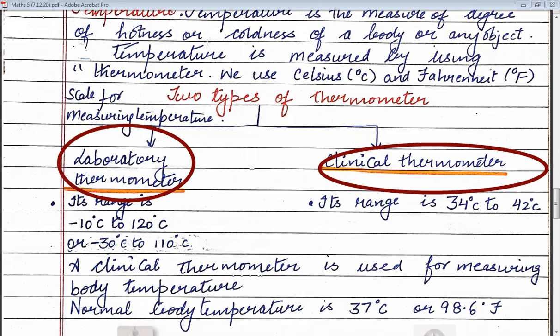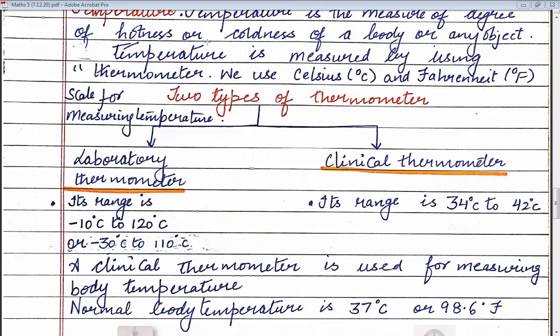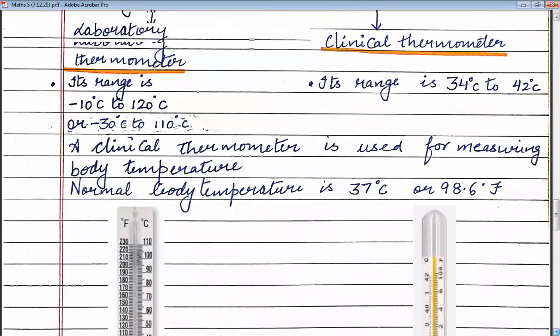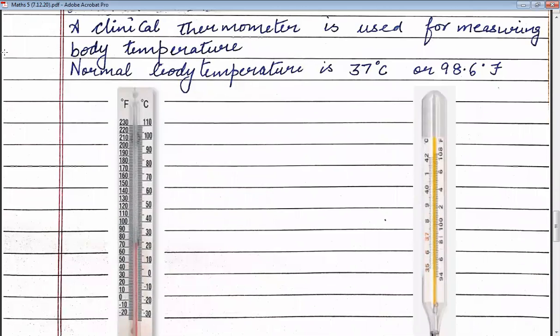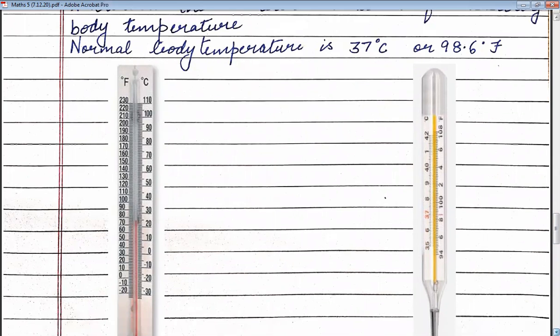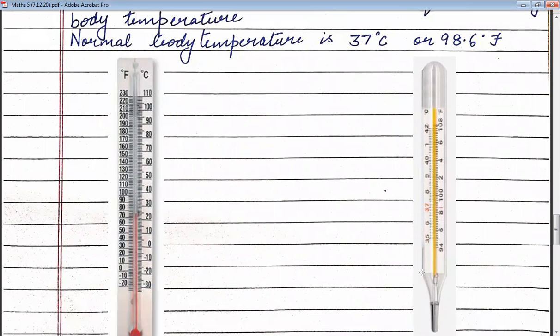Let's have a look at the laboratory thermometer. Your laboratory thermometer looks like this. The first one is the laboratory thermometer, and the second one is your clinical thermometer.